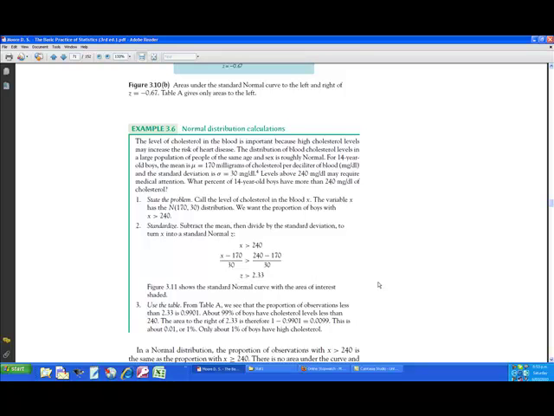So we standardize X. So we take X minus 170 over 30, right?